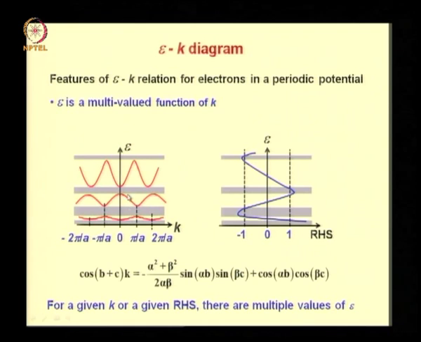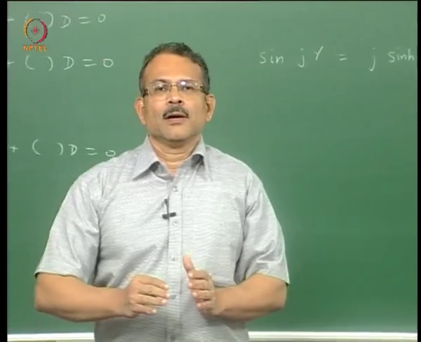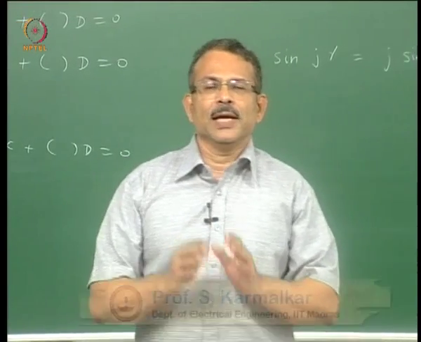So for any k you have multiple values of E. So that is how one can show the three important features of the Ek diagram of an electron in a periodic potential.